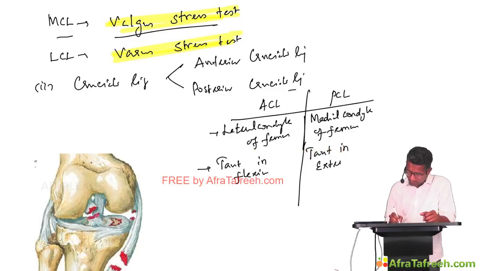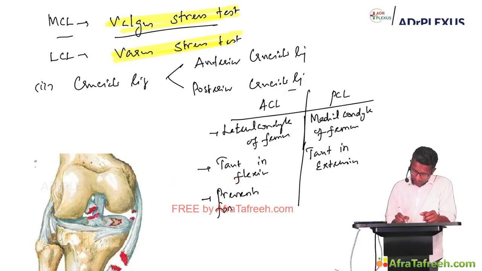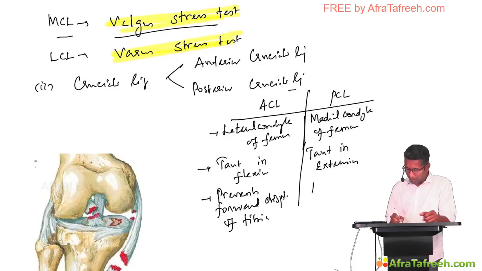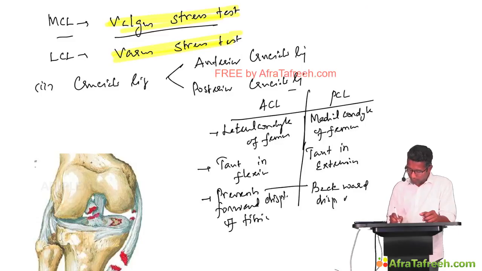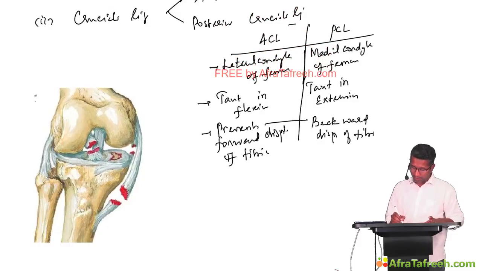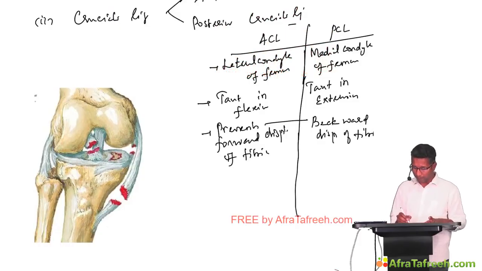ACL prevents the forward displacement of the tibia, whereas PCL prevents the backward displacement of the tibia. Okay, clear? PCL prevents the backward displacement of the tibia.